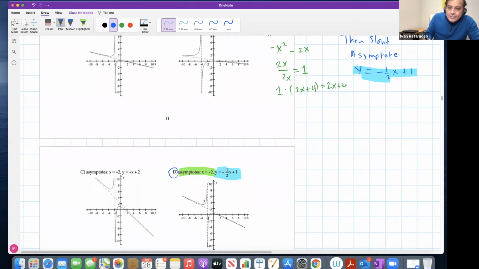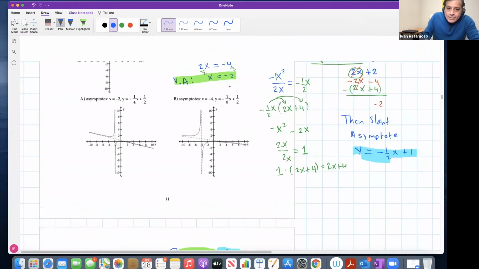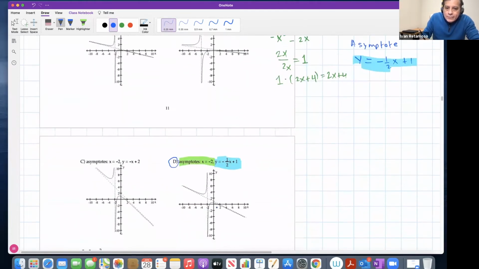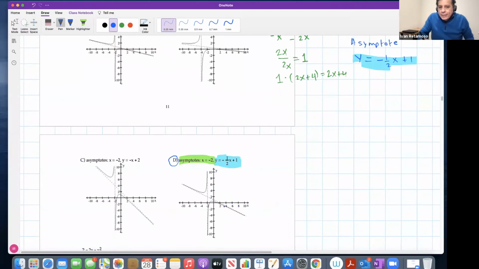But when you do the test points, it will show you this. But I'm telling you that the slant asymptote and the vertical asymptote here are the only choice showing both, so it should be this one. As an exercise, you can continue using test points and verify that this is this part and this is this part. Very good.